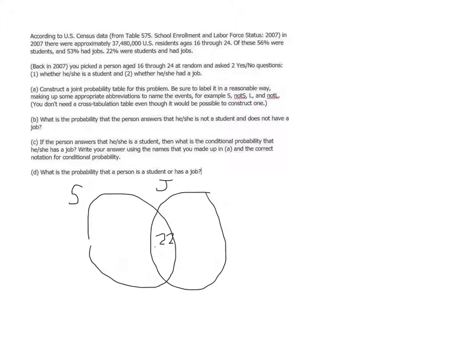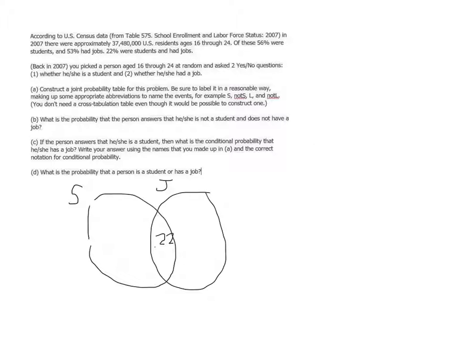Now then we knew that of these people in the United States, 56% were students. So that means that within the students' circle, we must have 56%. Well, we've already accounted for 22% of it, so we're going to need to take that 56% and subtract the 22% that is already present there.